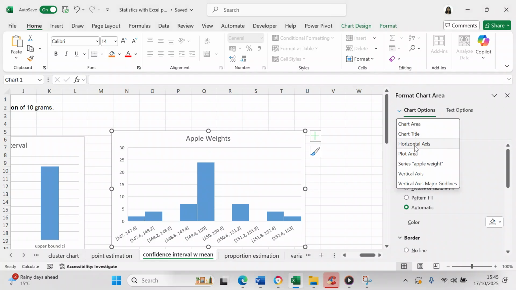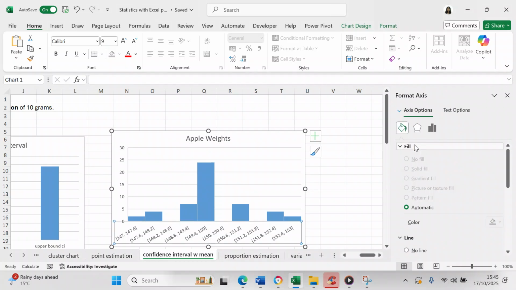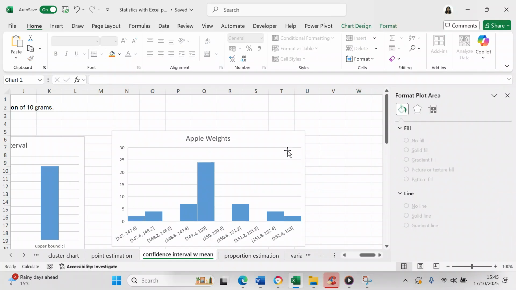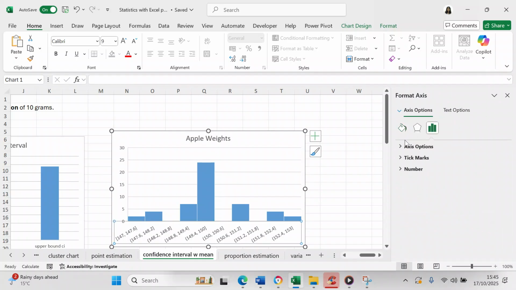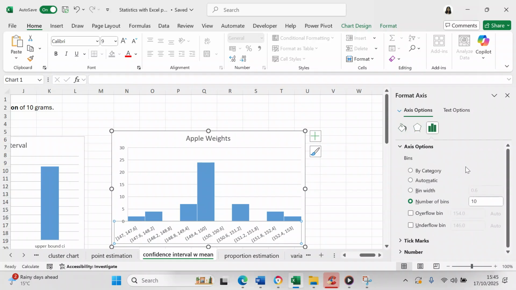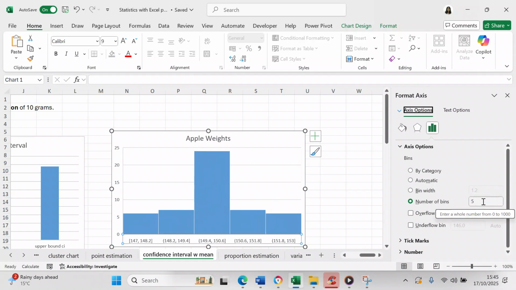So we come over here again to the horizontal axis, and we check over here in the axis options. It says 10 bins. Let's see what happens when we type 5 bins. So 5 bins is okay.